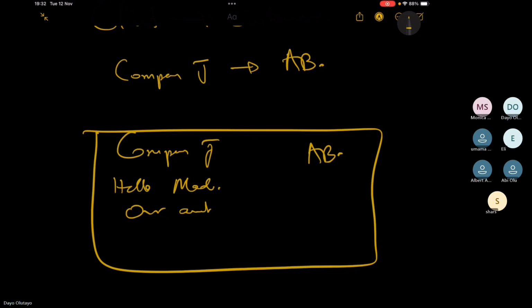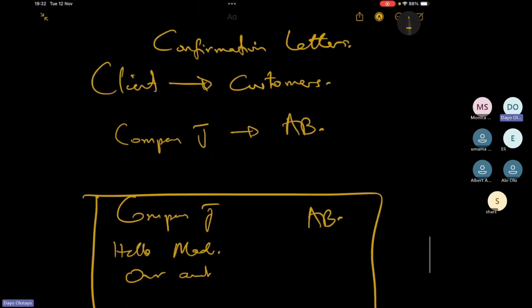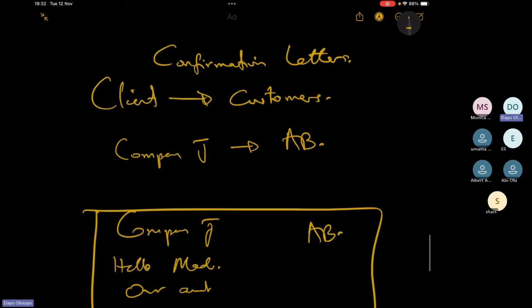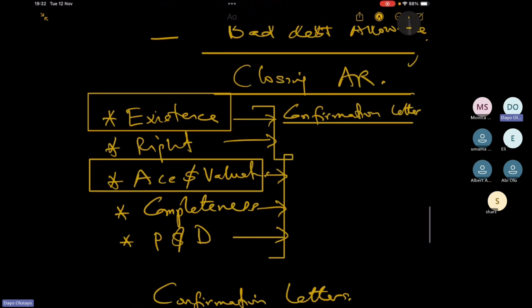And this is really very important, especially in the audit of accounts receivable, confirmation letters. You cannot finish that audit without confirmation letters because this confirmation letter addresses a lot of assertions. It addresses existence, it addresses rights, it addresses even valuation.